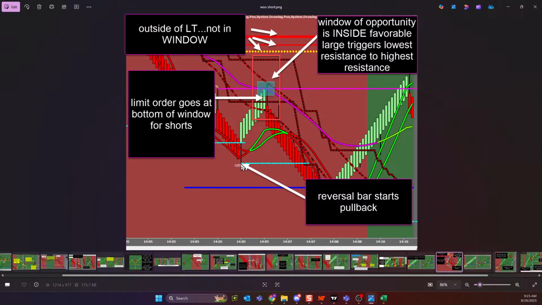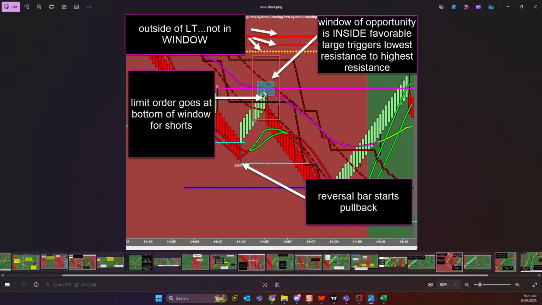Your large chart should have strong triggers, and your large chart should have absolutely nothing in the way to create a bounce. This reversal bar signals the beginning of the small crowd fight. You can define where that fight is most likely to go using trigger lines, large and synthetic. From the lowest point of the triggers to the highest point of the triggers, this is where the market is most likely to retrace. This is where the pullback is most likely to go.